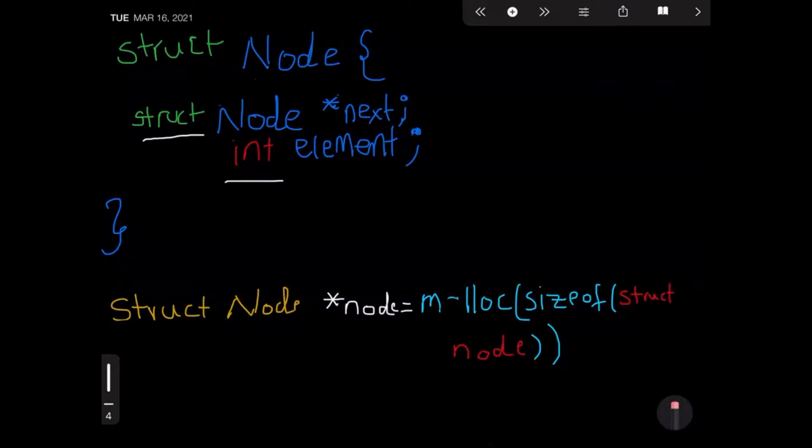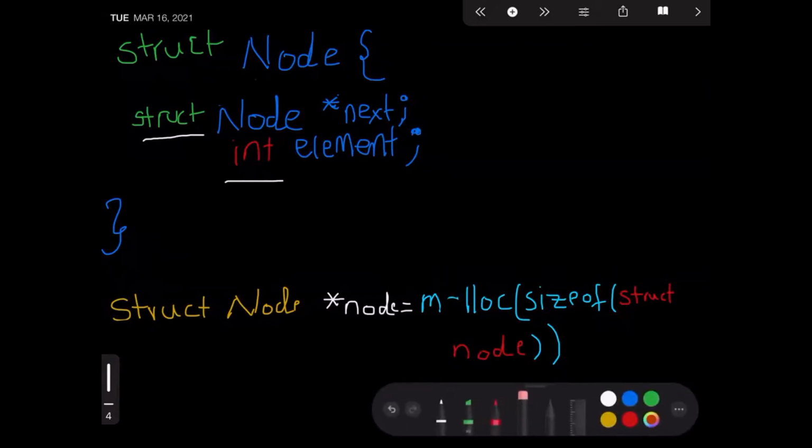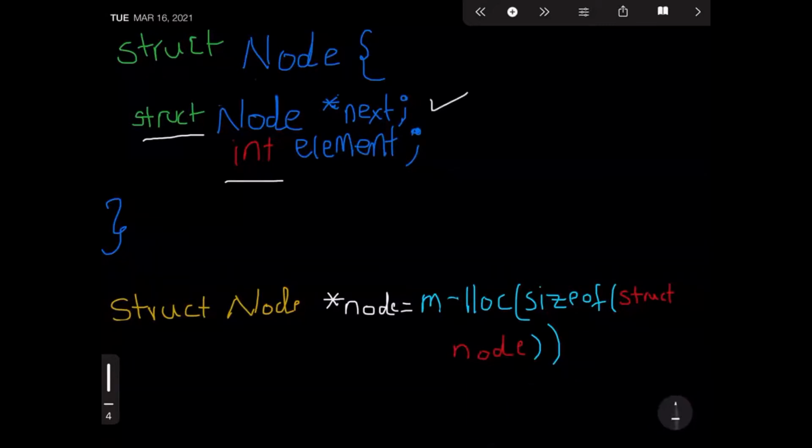I've gone ahead and prepared an example of a struct in C. So we have here two fields. One is a pointer that is a type of the same struct. That is exactly what I mean by a self-referential data structure: one of the fields inside the struct is a pointer that is a type of the same struct.